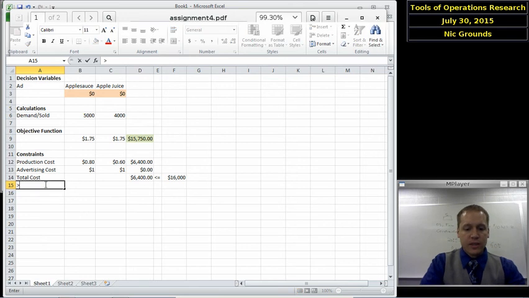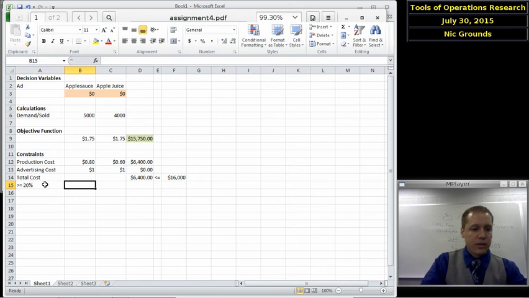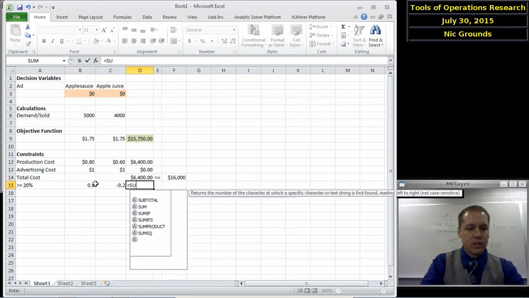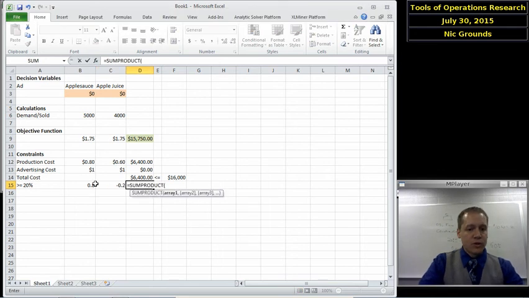So, I will label this greater than or equal to 20%. We want 0.8 times applesauce and a negative 0.2 times apple juice. Okay, so those are our coefficients. We're going to multiply those by the numbers, right? Not the advertising dollars, but the actual numbers of product we make and sell. Okay, make that an absolute address.